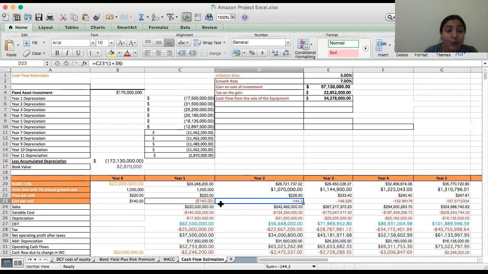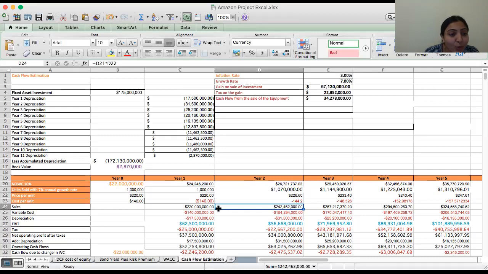And now, moving on to the sales. As we all know, the basic formula for sales is units sold multiplied by the price. Let's see. Yes, units sold multiplied by the price per unit. You will get your sales amount for all the years as you apply it to each particular year.